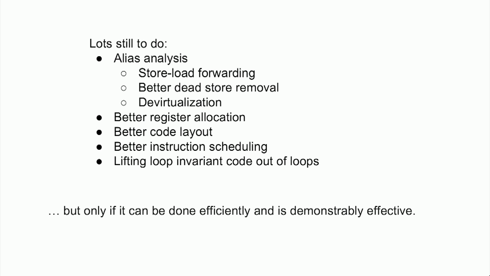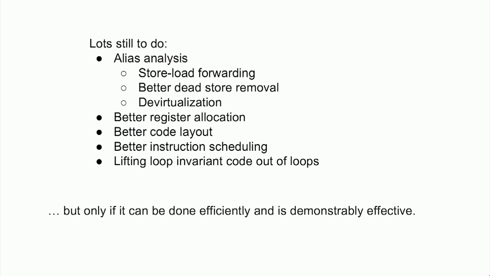We can do better dead store removal if we know certain pointers don't point to the same place. We can do things like devirtualize interface calls. So you can do a direct jump to where the interface call goes if you know what the type of that interface is. And you can figure out the type because you know where that pointer came from.